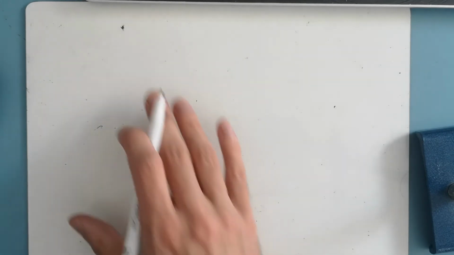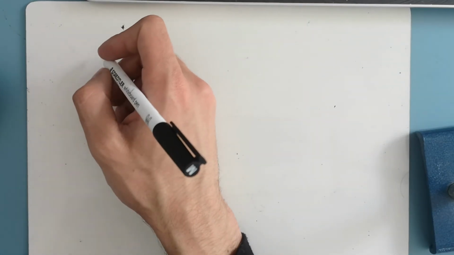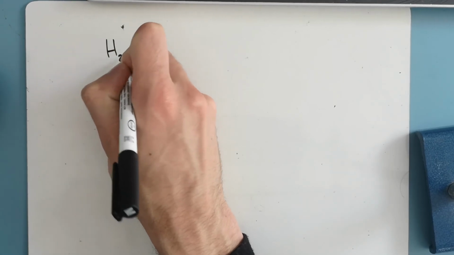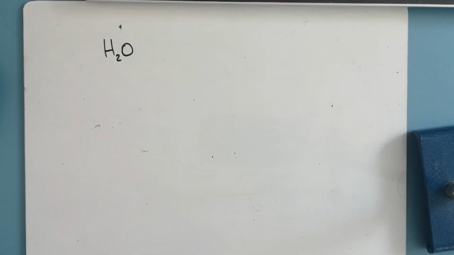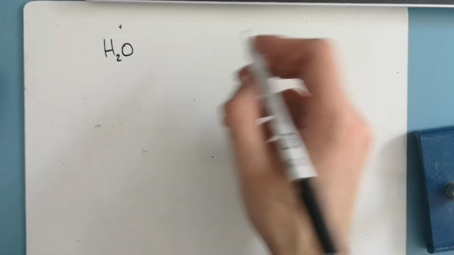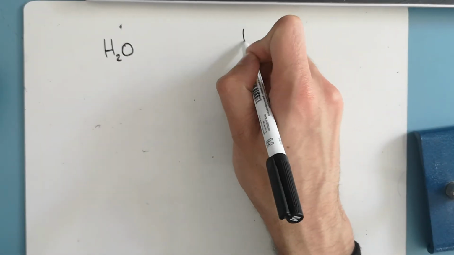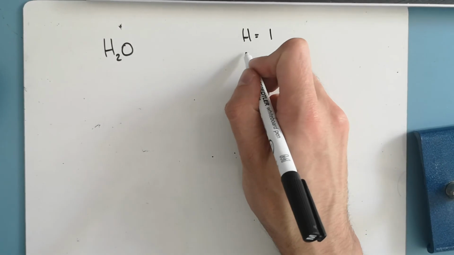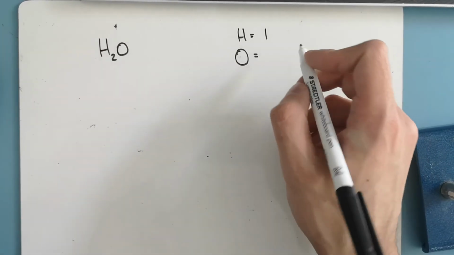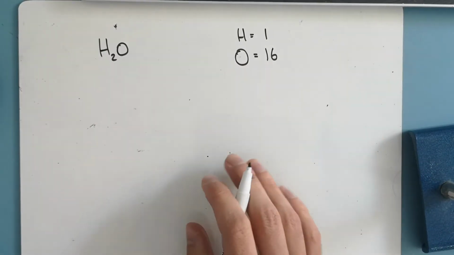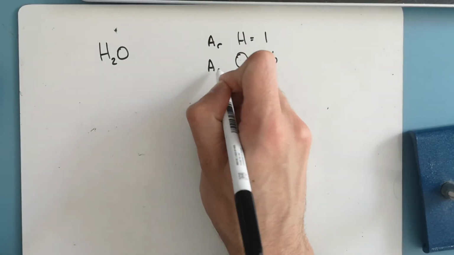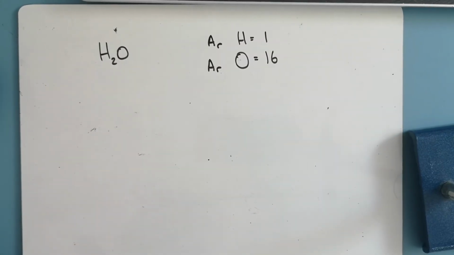So we can work out, if we have the formula of a compound, I'll stick with H2O easily, we can then look at the periodic table and we can see that hydrogen has a relative atomic mass of 1, oxygen has a relative atomic mass of 16. I should say we abbreviate relative atomic mass to Ar.